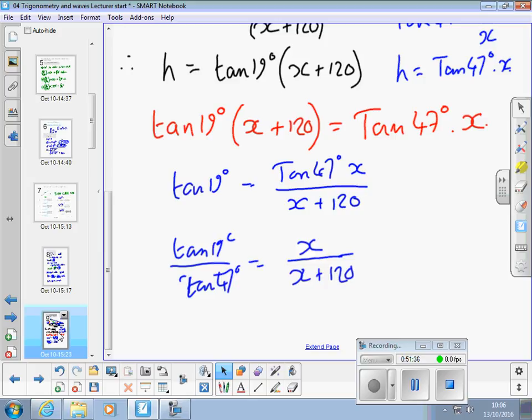The x's don't cancel out. How else could I write that? I could write it as x over x, which is 1, plus x over 120.